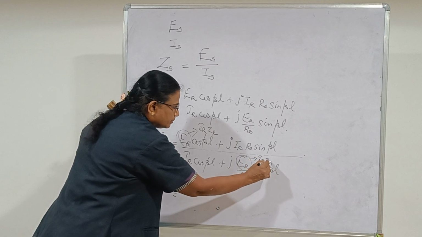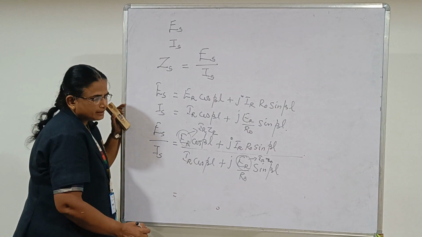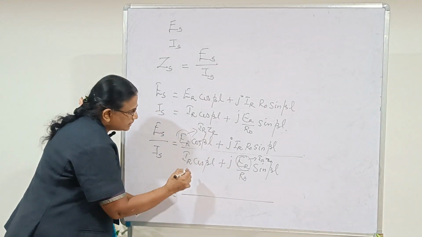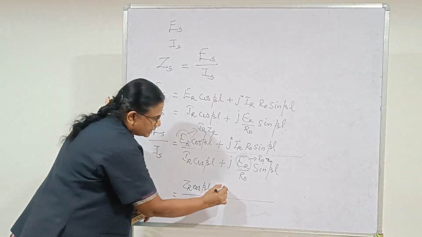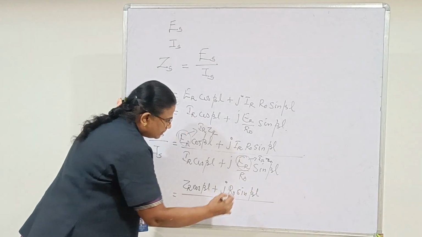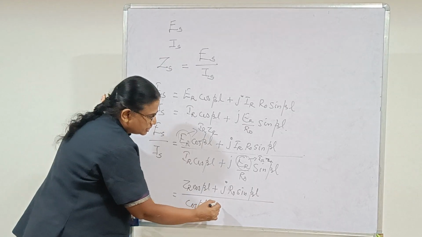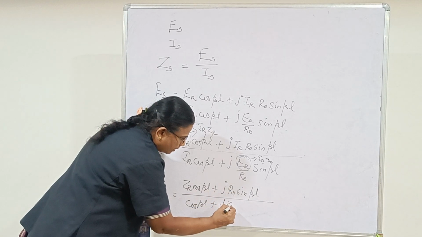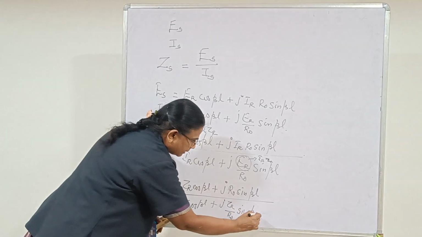So IR is common in both the numerator and the denominator, so this equation is now reduced to ZR cos beta L plus J R naught sin beta L, divided by cos beta L plus J ZR by R naught into sin beta L.